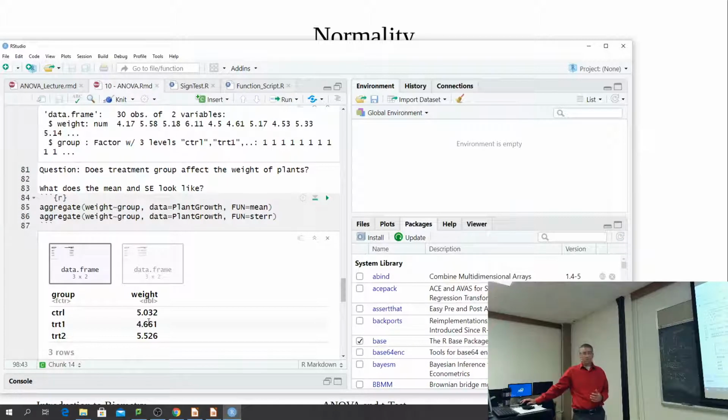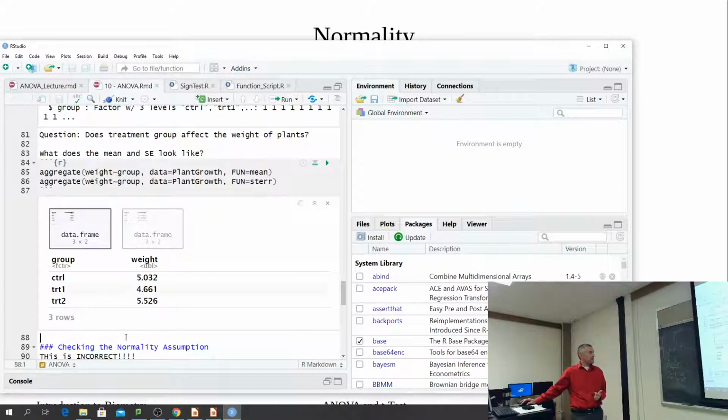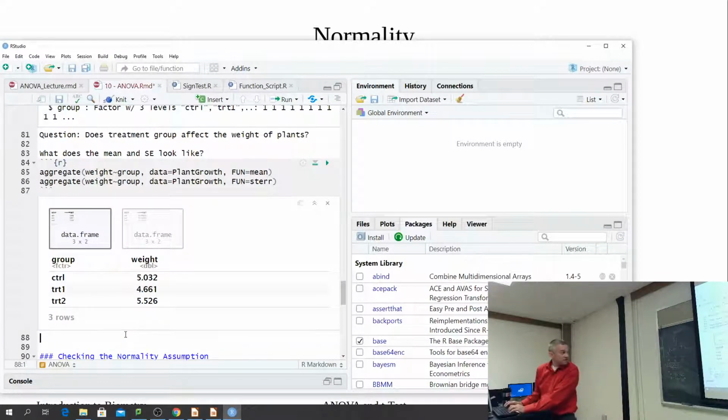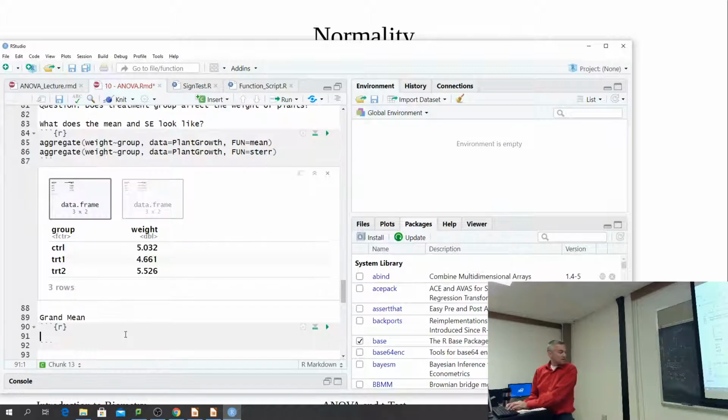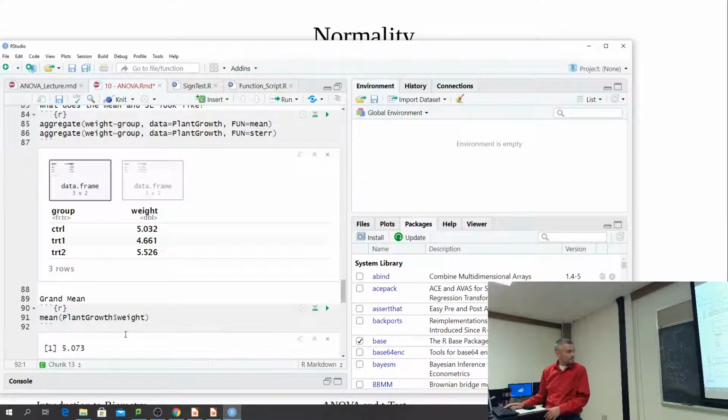That's what we would use for our within group variation. This is our noise part. It's telling us how much variation we actually have. And if we wanted the grand mean, it would be the mean of plant growth weight, 5.07, and that's what we subtract for each of ours.